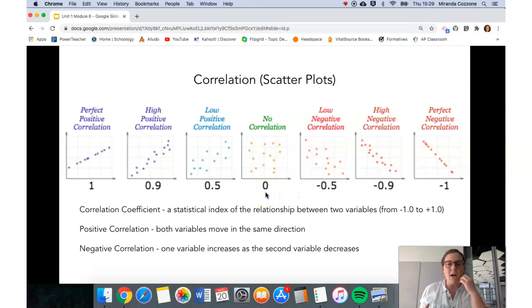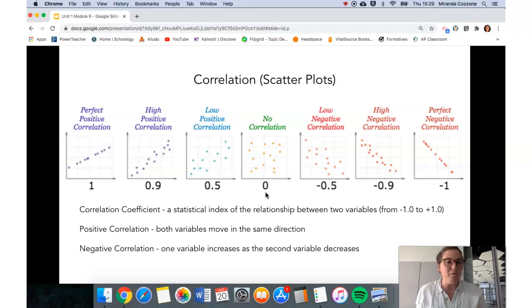So correlation is on a numerical scale from 1 to -1, okay? And here's what's tricky. You might think a negative correlation or a -1 is not good. That's actually not true. A 1 and a -1 are perfect correlation. So the closer your correlation coefficient, try to say that fast, is to 1 or -1, the stronger your correlation is.